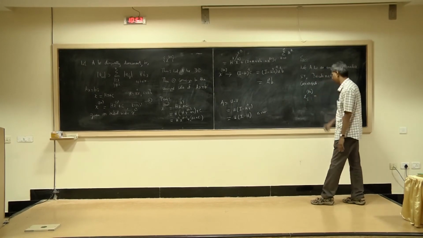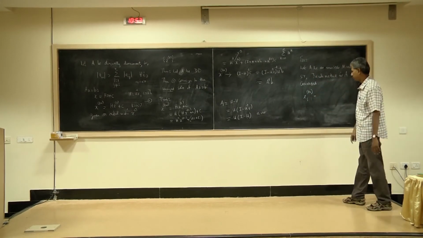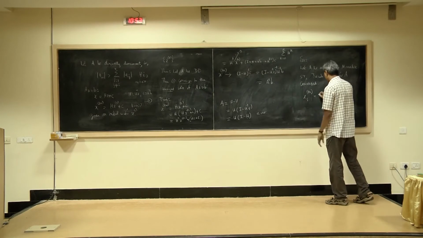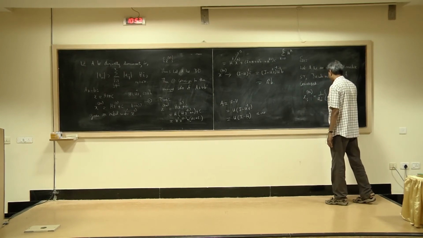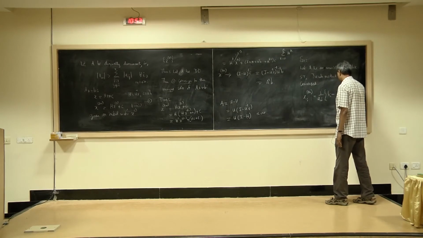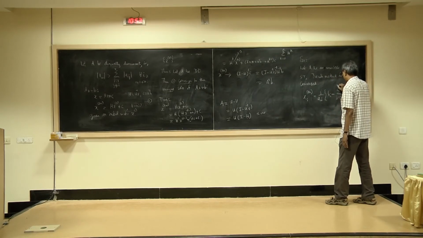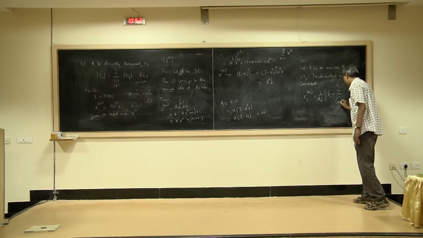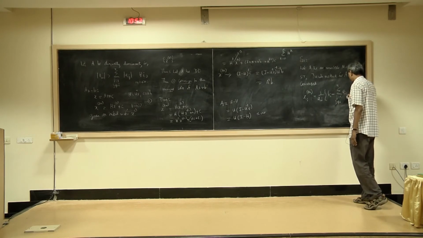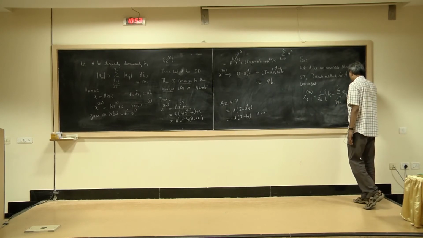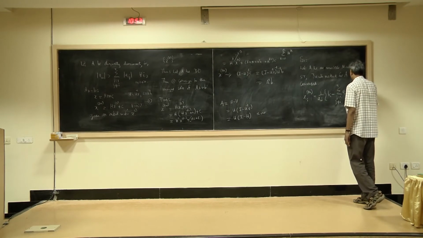So at the k plus 1th step, the ith coordinate is given by 1 by aii into bi minus summation j equal to 1 to n, j not equal to i, aij xj, the kth computed value.